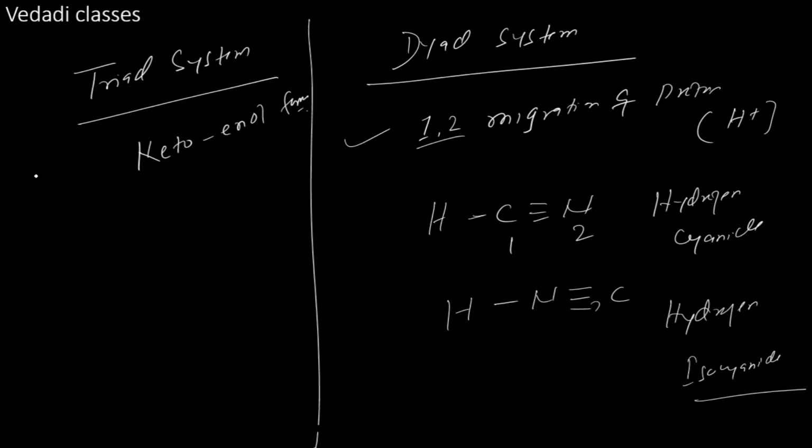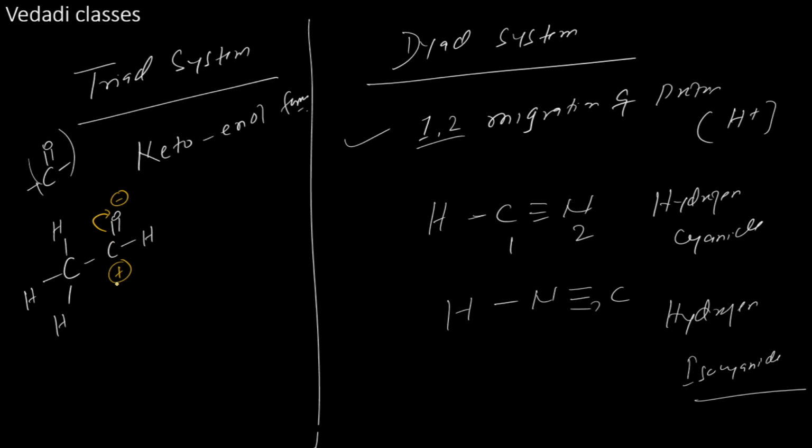Have a look here. Keto means all molecules having C double bond O are known as keto. Enol means having a double bond and OH. That's the enol. Let me give you the example of acetaldehyde, CH3CH double bond O. What happens in this case? Oxygen is more electronegative, so it will develop a negative charge over here.